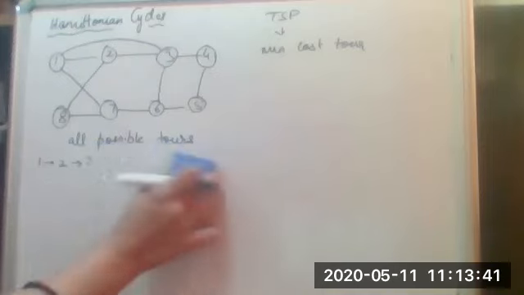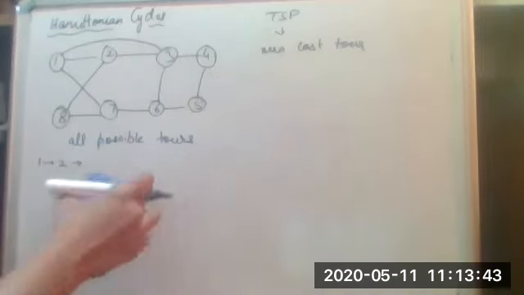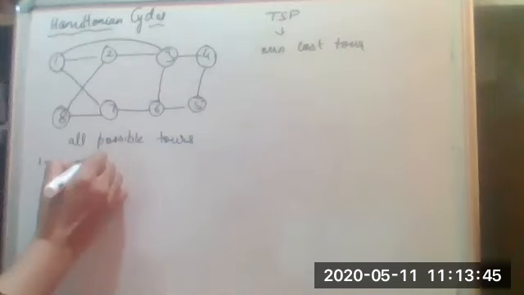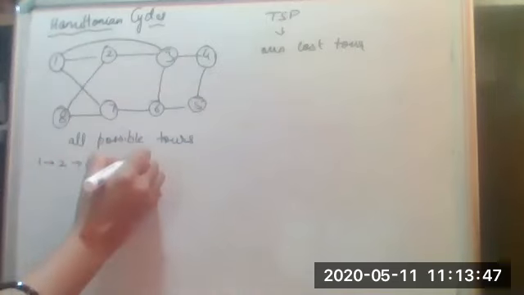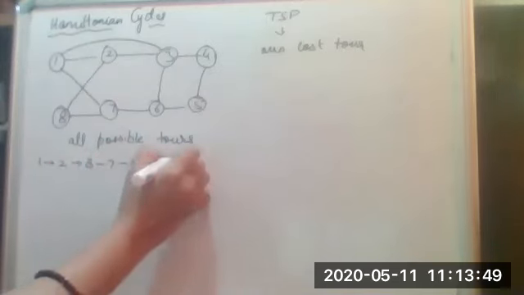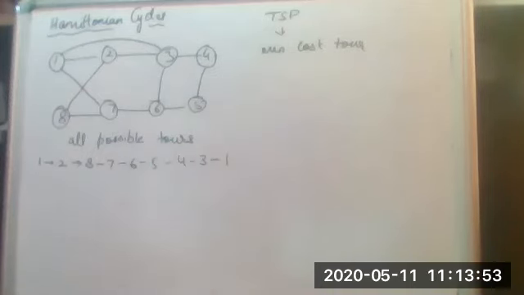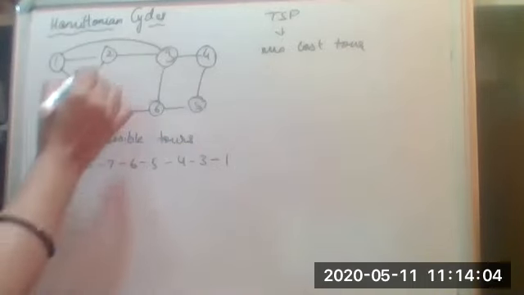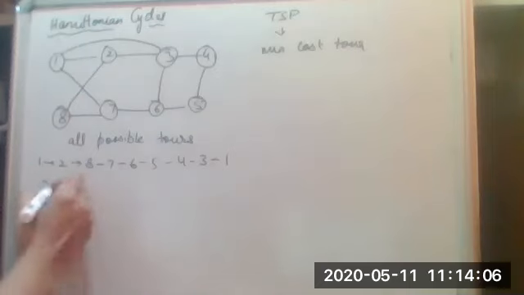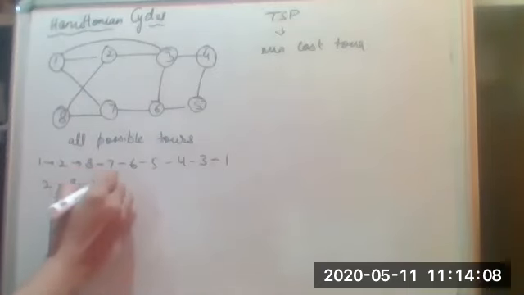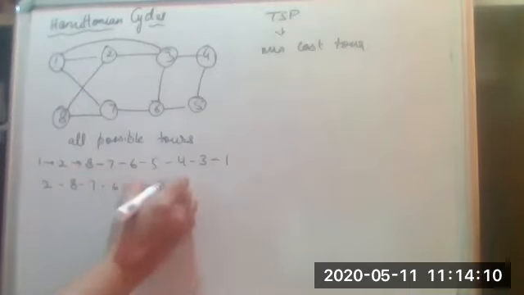Let's say instead I go from 1 to 2, then I move to 8, then 7, then 6, then 5, then 4, and then 3, and back to 1. So this is one of the tours, one of the Hamiltonian cycles that we can have. And if we choose this as one of the cycles, then I can take 2 as a starting vertex and have this as the path.